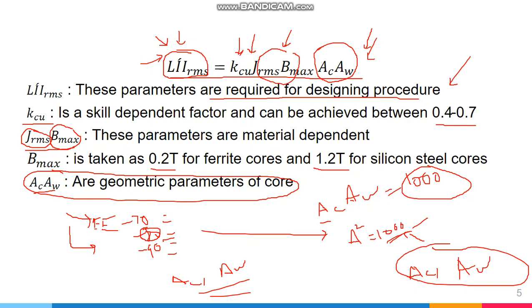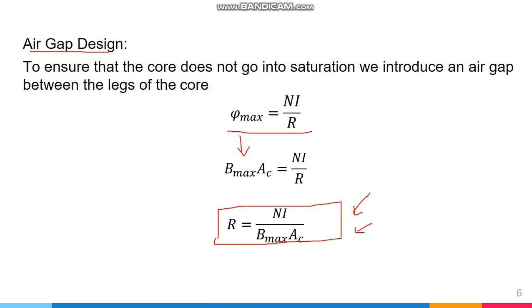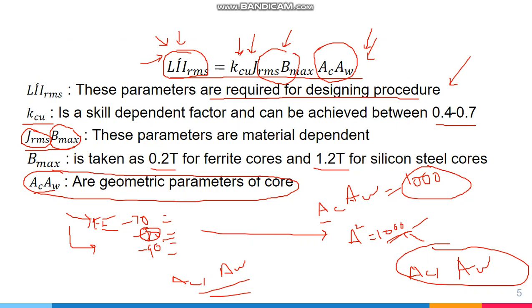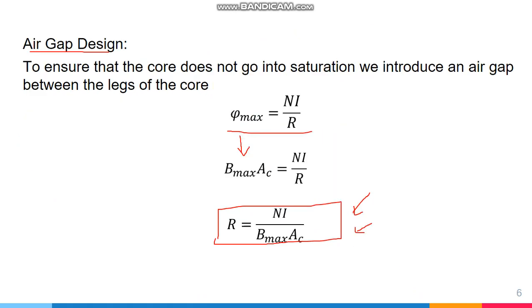Okay, so I have this area product now. On the basis of this area product, I have selected a core that is either EE70, or there can also be some other standards, EI. In that EI 70, 80, 90, either one of these standards will be selected, and then the next step is to find this reluctance.